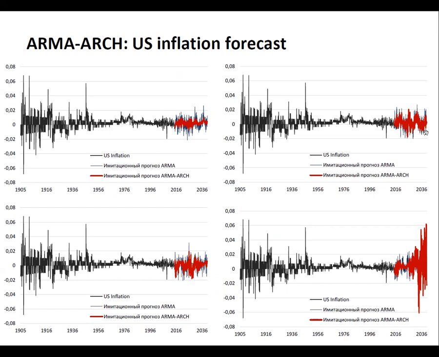Then this again began to wane, and about the same thing happens. Or here, for example, it is clear that this dispersion is not constant, but it does not go so much beyond.